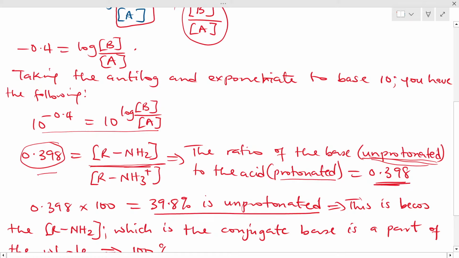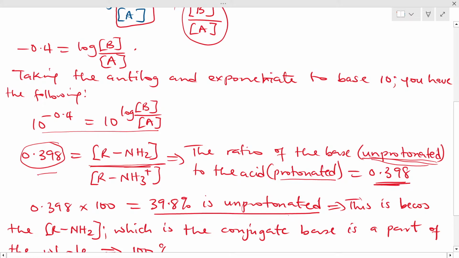So if we have that ratio as equal to 0.398 and they are asking for percentage, what we simply did was to multiply this ratio we got by 100, and what you got is 39.8% of that glycine is what?